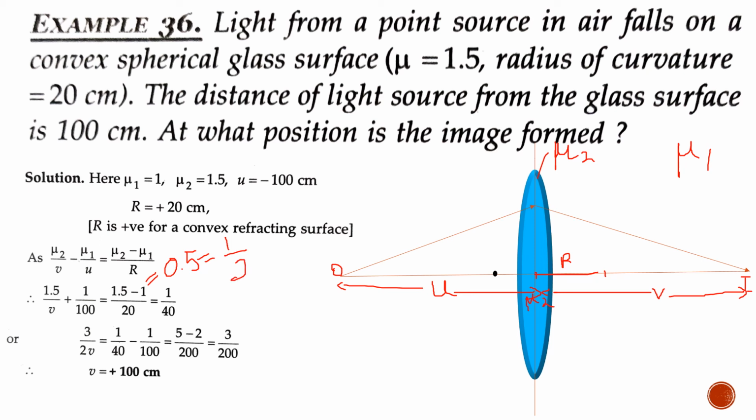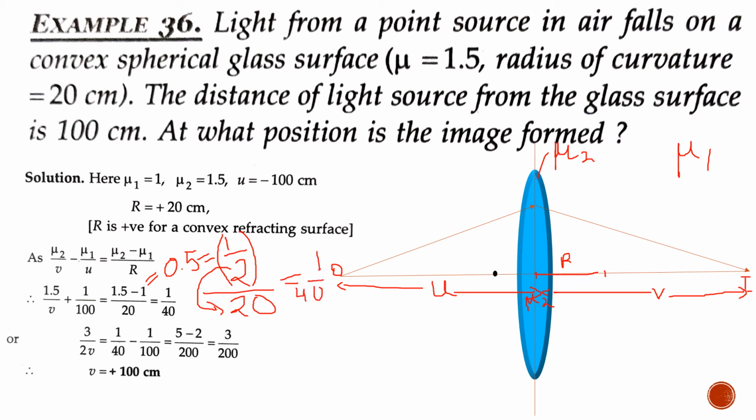So this is the numerator part, 1 by 2, and in the denominator we have 20. On simplification, this 2 will go to the denominator, so I will have 1 by 40.